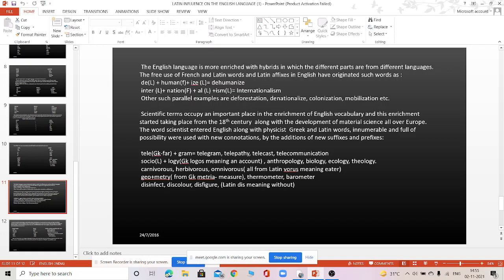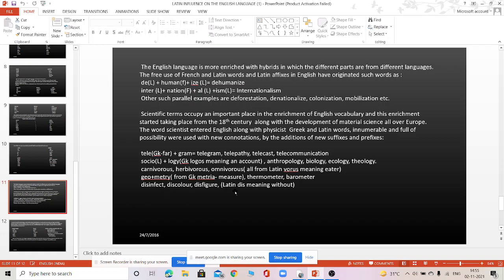Herbivorous, which eats plants. Omnivorous, omni actually means both. So some animals like bear, which eats both flesh and fruits. So human beings, we are also omnivorous. So we eat everything.